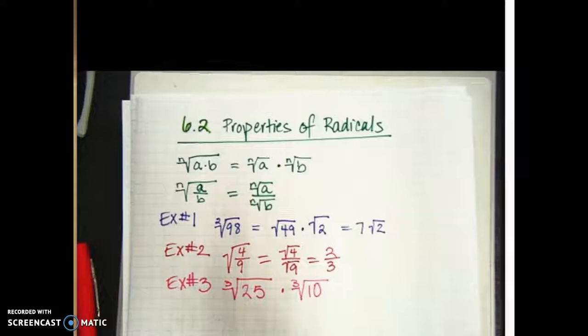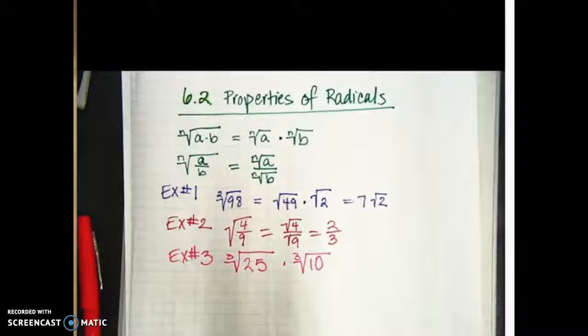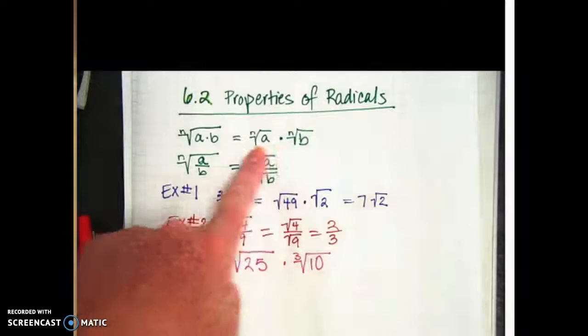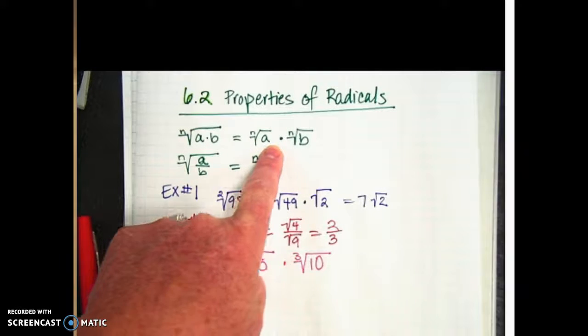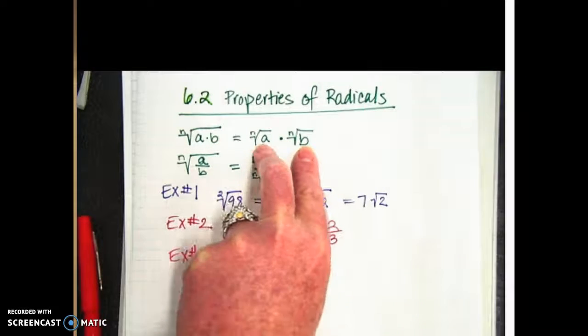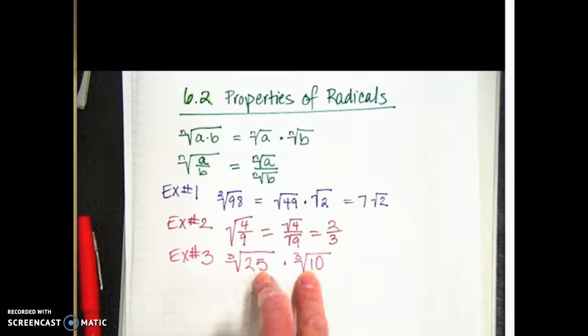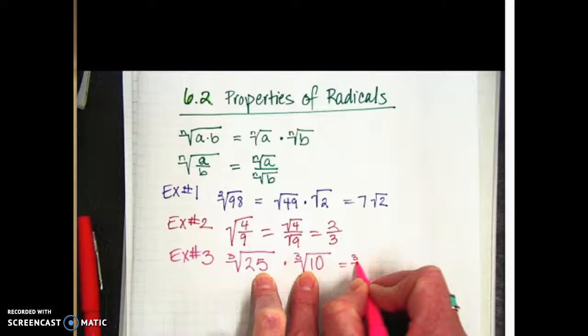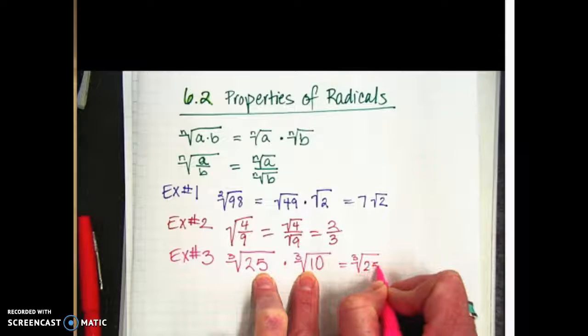Is 25 a perfect cube? It's a perfect square, but is it a perfect cube? No. How about 10? Is 10 a perfect cube? No. So we're actually going to use this first property backwards. We're going to multiply those 2 numbers that are under the radical, and we're going to rewrite this as the cube root of 250.